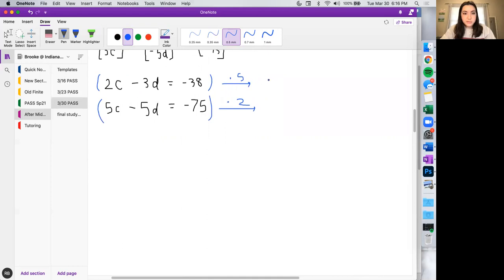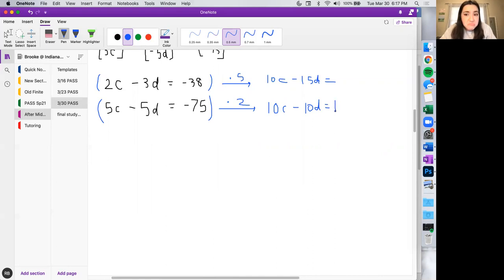So now I have 10c minus 15d equals whatever that is. And then this is going to be, so 5 times 2 is 10c minus 10d equals, this is like 150, I guess.